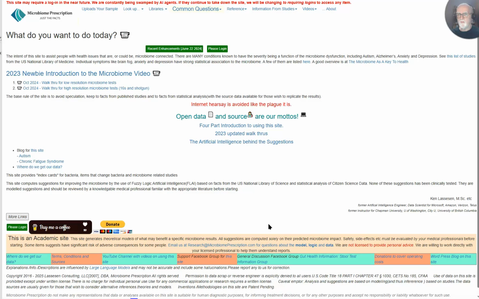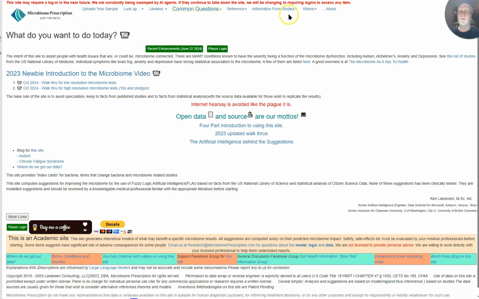The purpose is roughly to give you a heads up for directions you could be heading, or in some cases, some of the practitioners who've used the site have found it particularly effective in making sure the intake documentation is complete, because often patients do not mention symptoms they have, but using microbiome prescription and their microbiome, the practitioner asks about it and says, "Oh yes, I do have that," which means the records are far more complete.